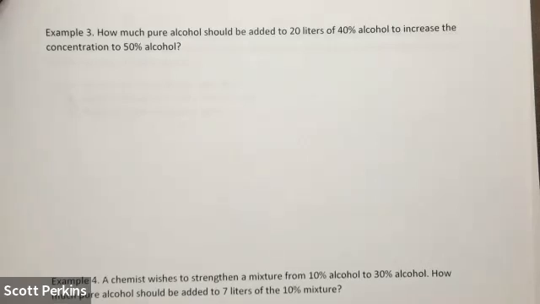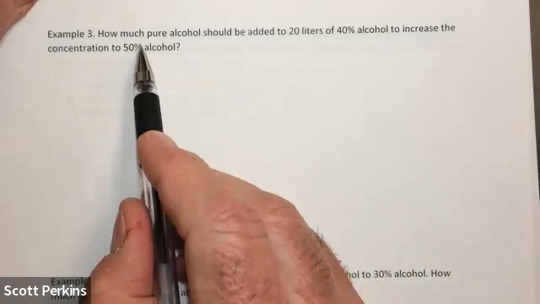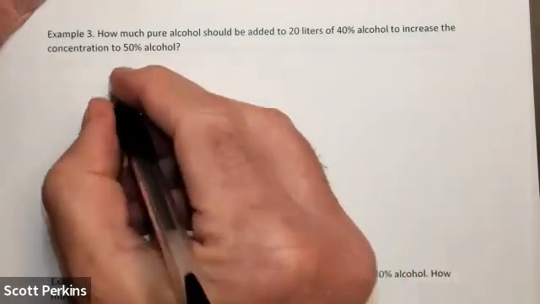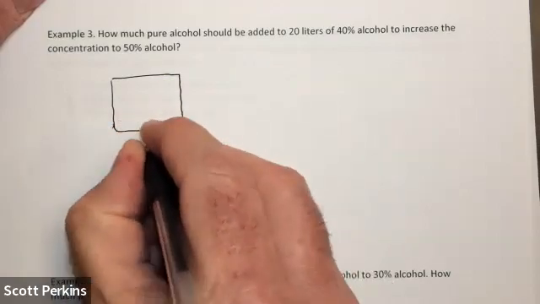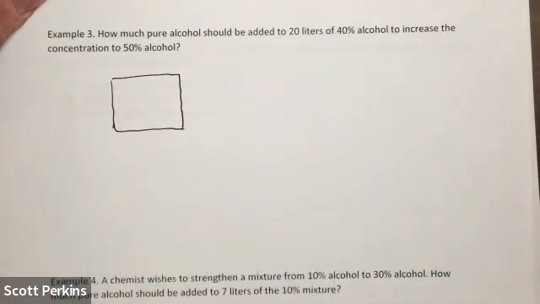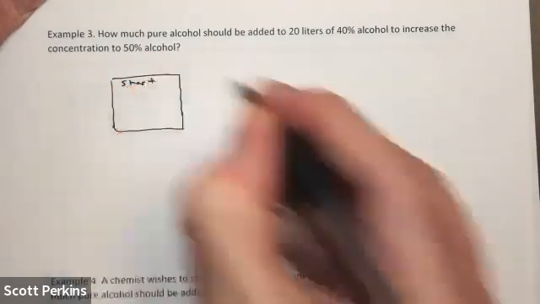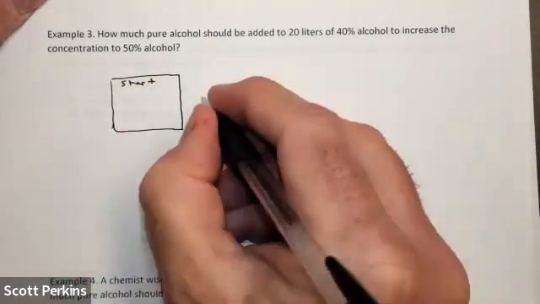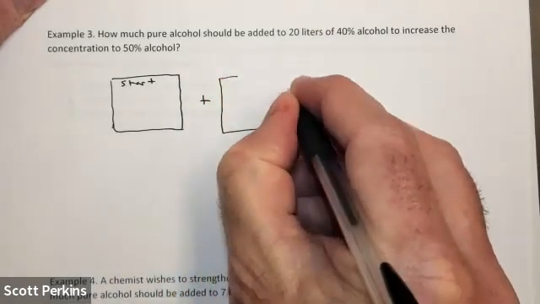Okay, so the drawing that I'm going to put right here, this works no matter what the problem is, whether what you're adding is pure or whether it's 80% or whatever. I'm going to draw 2 boxes. This first box is going to represent what I start with. Then I'm going to draw a second box, and this just represents what I'm adding.